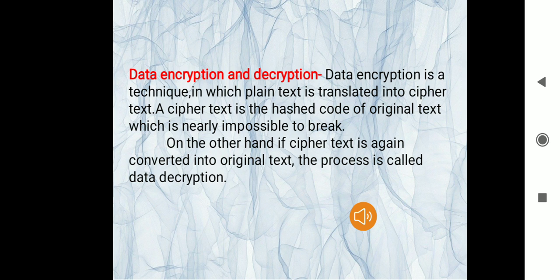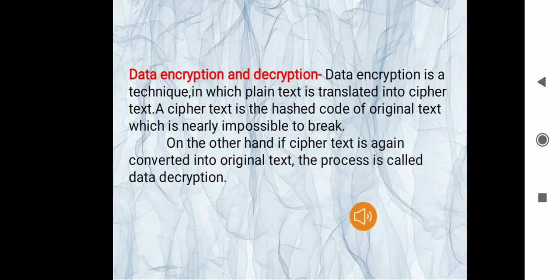That means your password, which was in plain text, will be codified into a ciphertext. And the process of translating a plain text into a ciphertext is known as data encryption. Let's take an example. Say your password in plain text is ABC123.